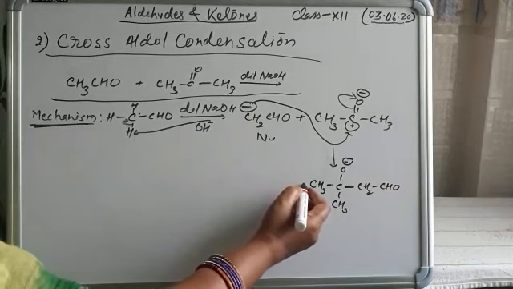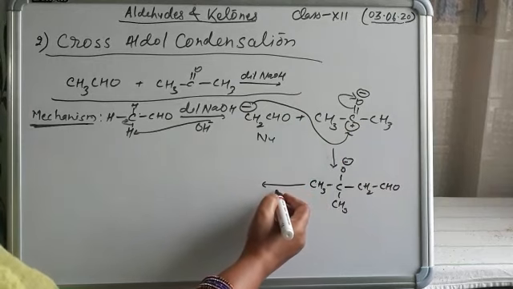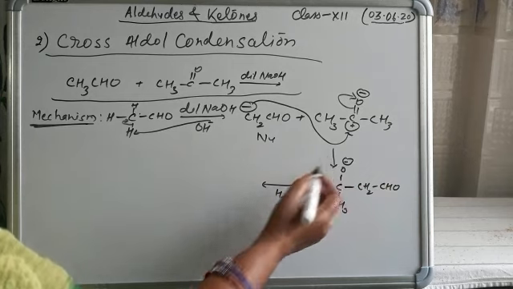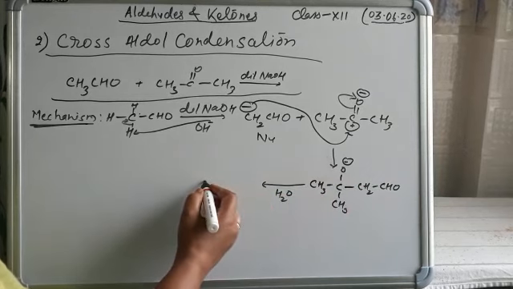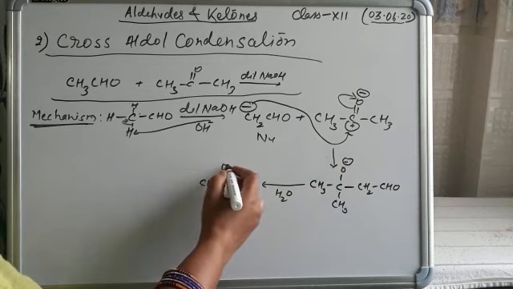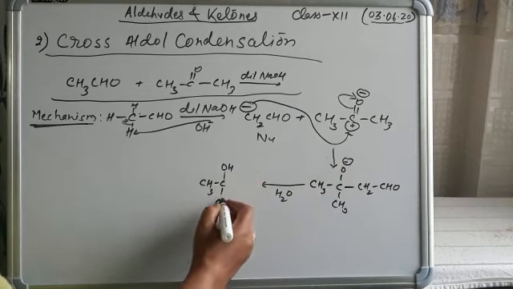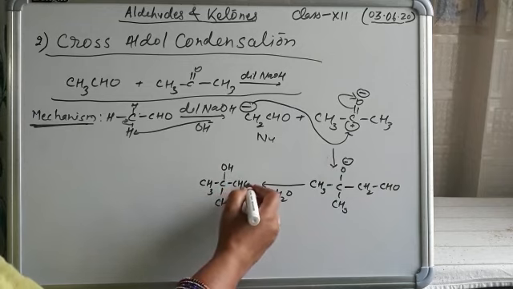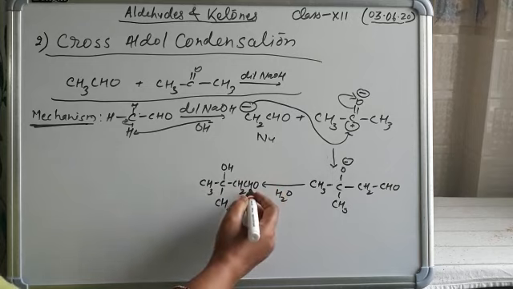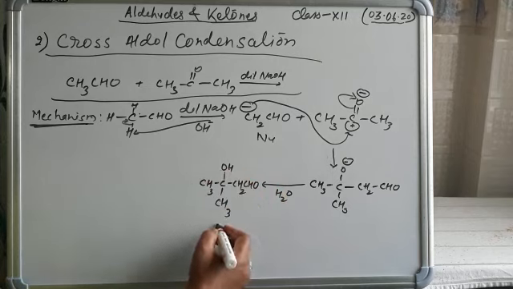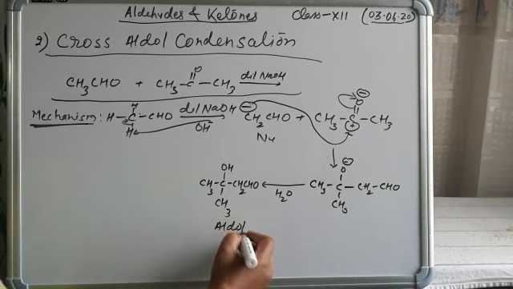When this molecule undergoes hydrolysis, proton is taken by oxygen and the formation of aldol takes place. Formation of aldol takes place because aldehyde is present and hydroxyl group is present. So this molecule is known as aldol.